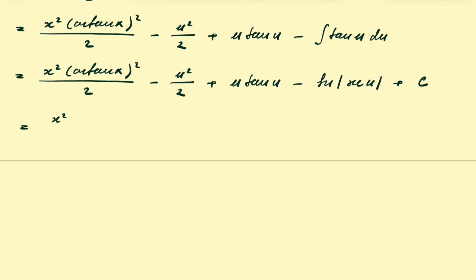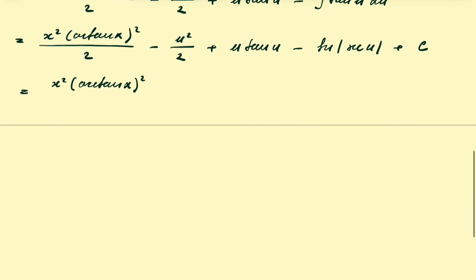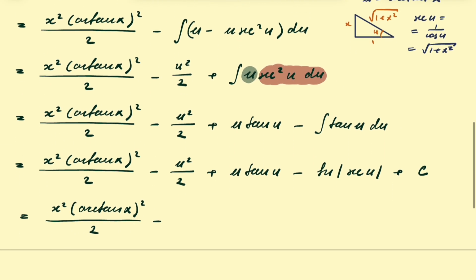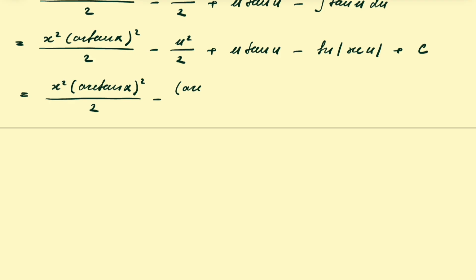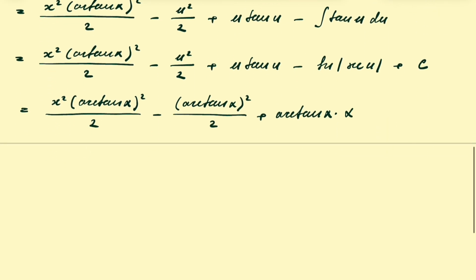Since it's a final answer, I'll rewrite this expression. It's arctangent of x squared over 2 minus, u was arctangent of x, so arctangent of x squared over 2 plus, now u is arctangent of x times tangent of u was x minus, now alright, here we can write this as ln of square root of 1 plus x squared and add constant in the end.